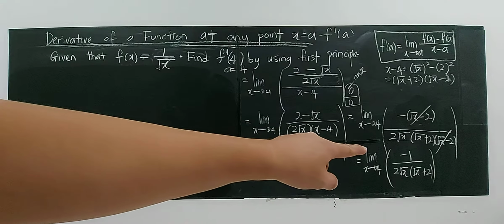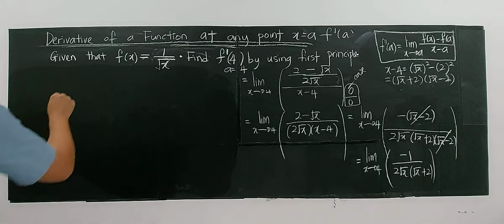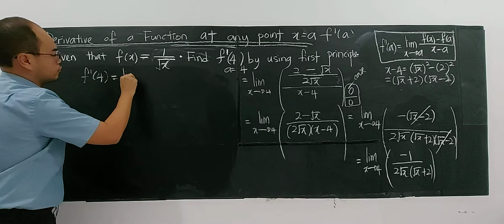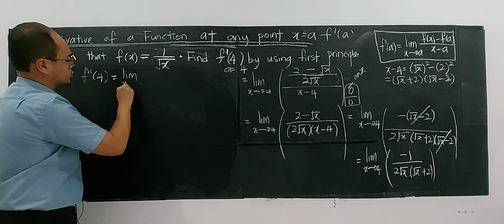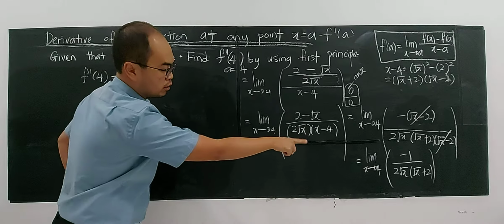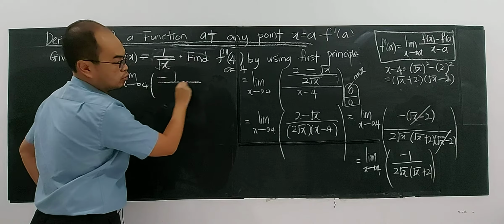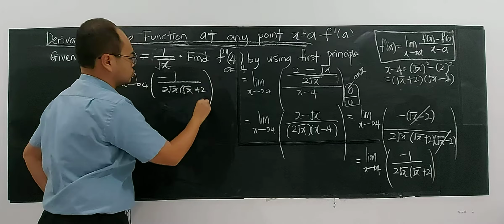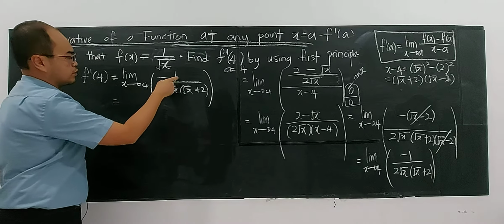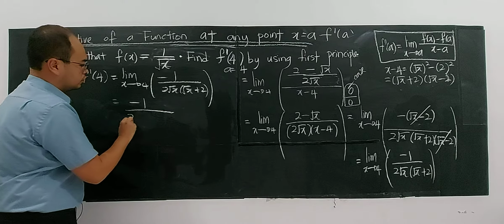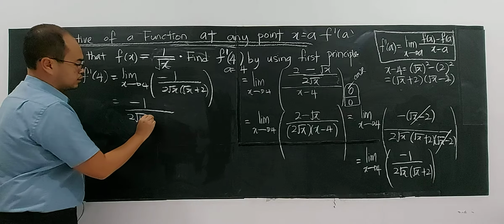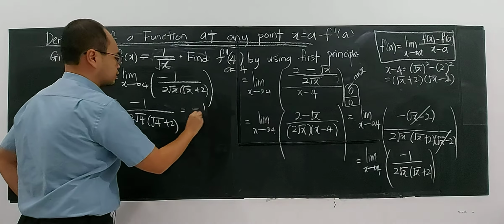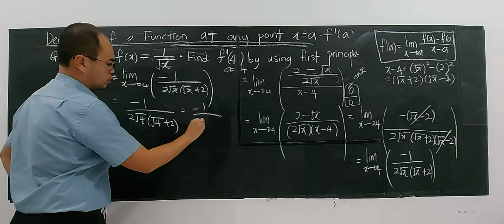Okay, I'm going to rewrite this. Your f prime 4 is equal to the limit as x approaches 4, after simplifying for so long, of negative 1 over 2 square root of x times square root of x plus 2. Now putting the value of 4 inside, you have negative 1 over 2 square root of 4, times square root of 4 plus 2.